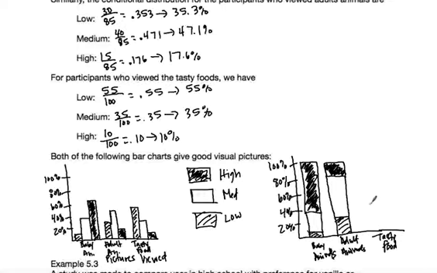Tasty foods, the low was 55. The medium was 35, so that'll get you to 90. And then you had 10% at the very top.